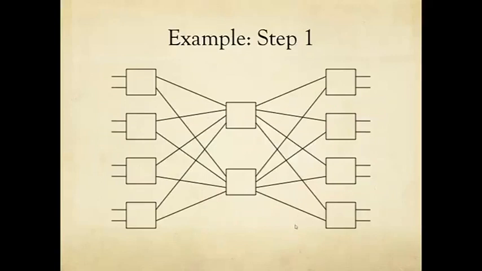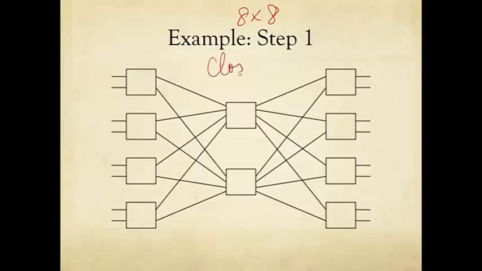Now let's run through a particular example of building and then expanding and rearranging and then folding a Clos network. Let's start with a 3-stage Clos network. Suppose we want to build eventually 8 by 8, and we only want to use small 2 by 2 switches. So how do we do that? Well, here's one starting point.